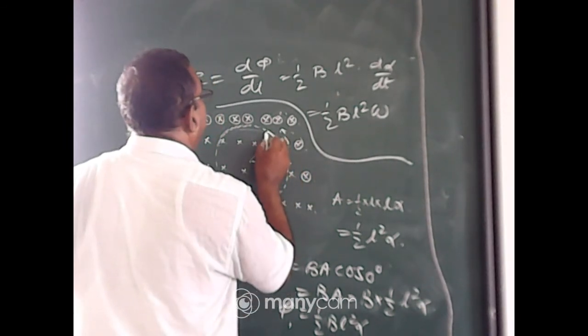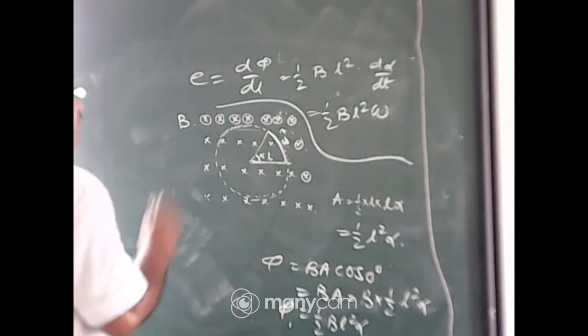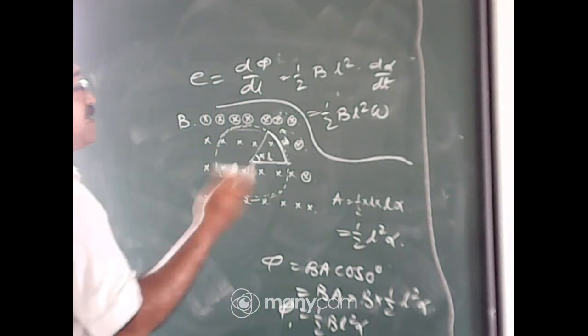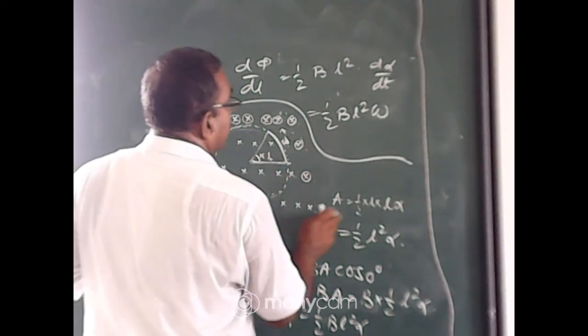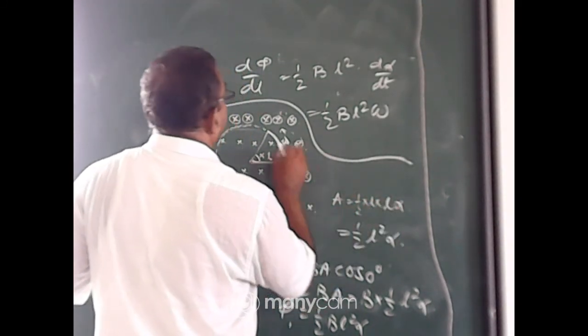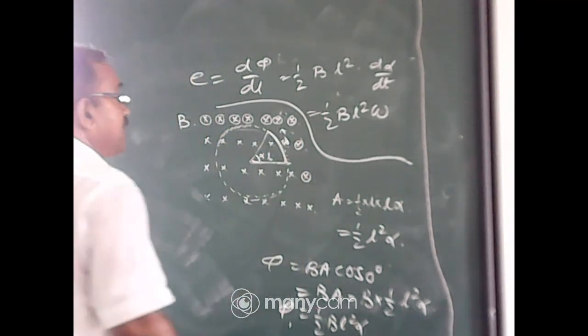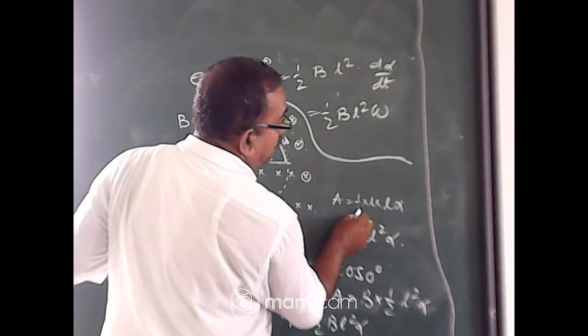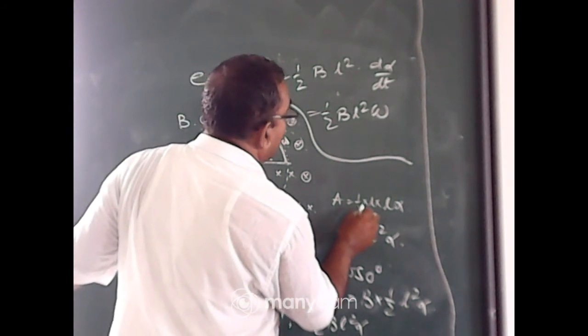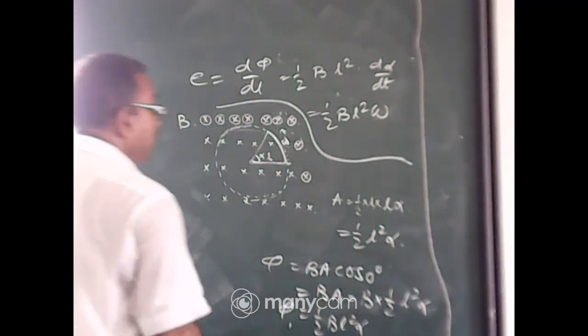What is the area swept by this rod after a time t? Area equals half into L into S, that means this path, which is half into L into alpha, that is equal to half into L square into alpha.